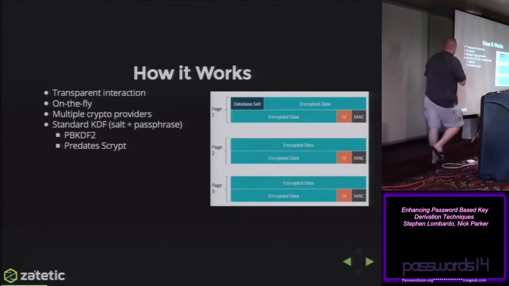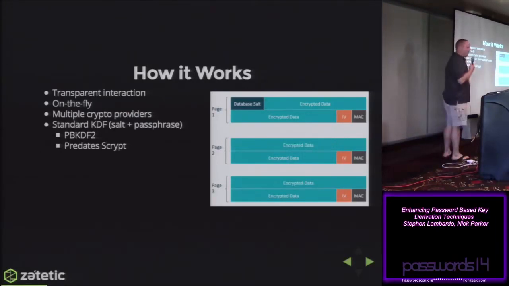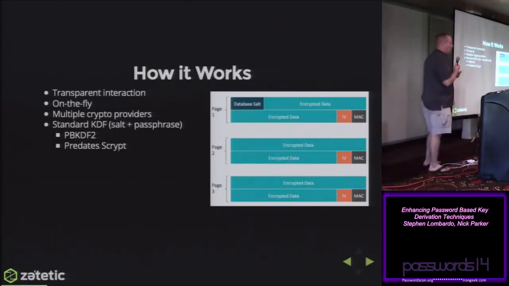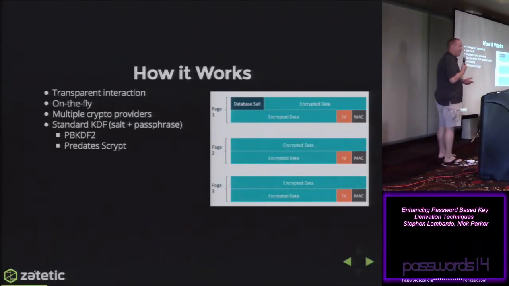We use a standard KDF, PBKDF2, and historically, sometimes people will ask us why we don't use other key derivation approaches. Scrypt has become a very popular approach, and SQL Cipher predates scrypt.